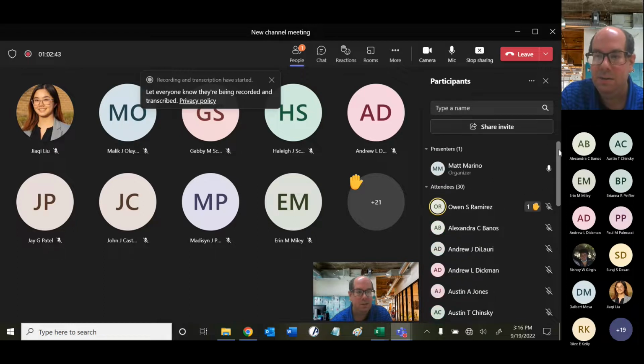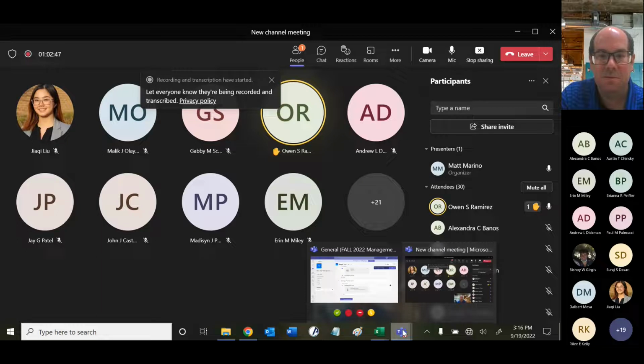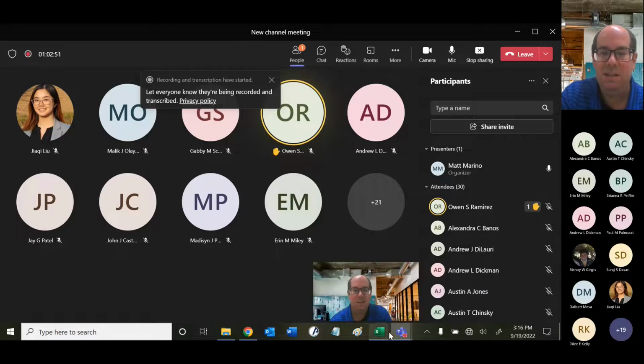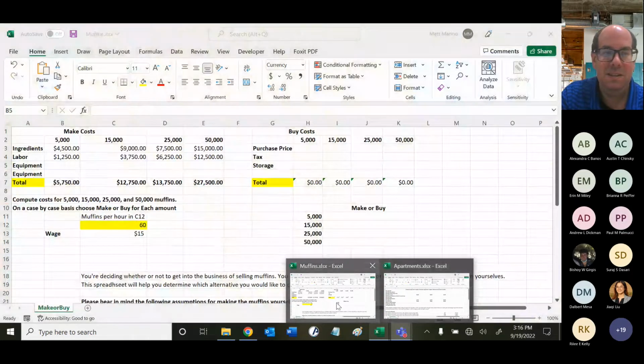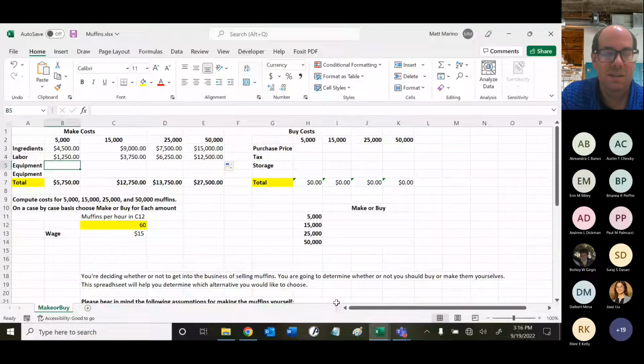Owen? Is it the AND formula? No. Yeah, we're dealing with money. So what functions have we dealt with that deal with money? Present value and what else?